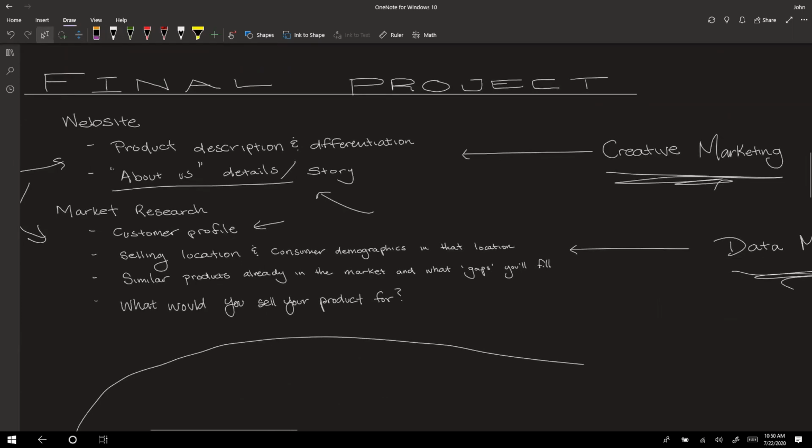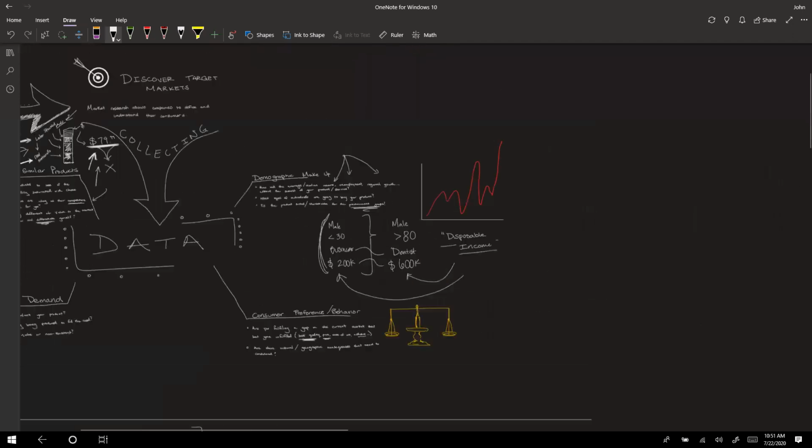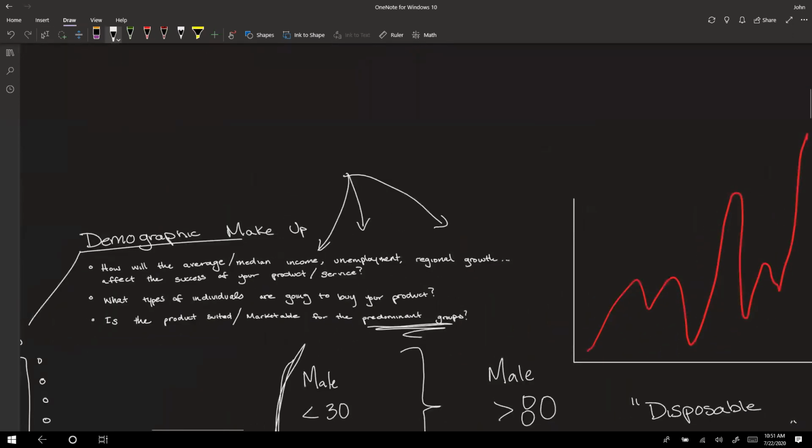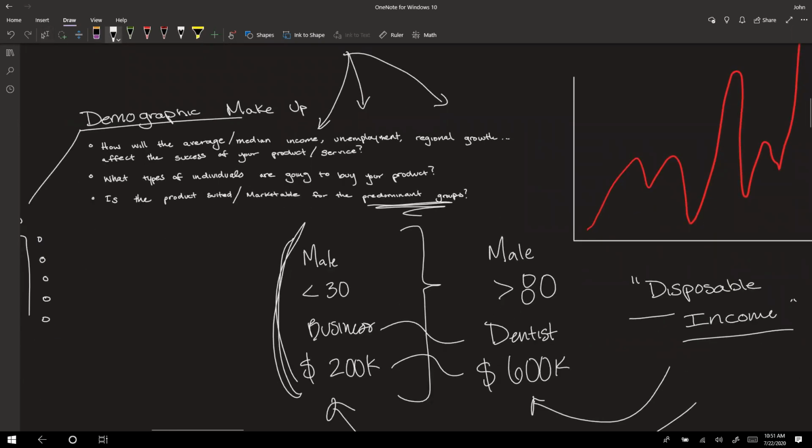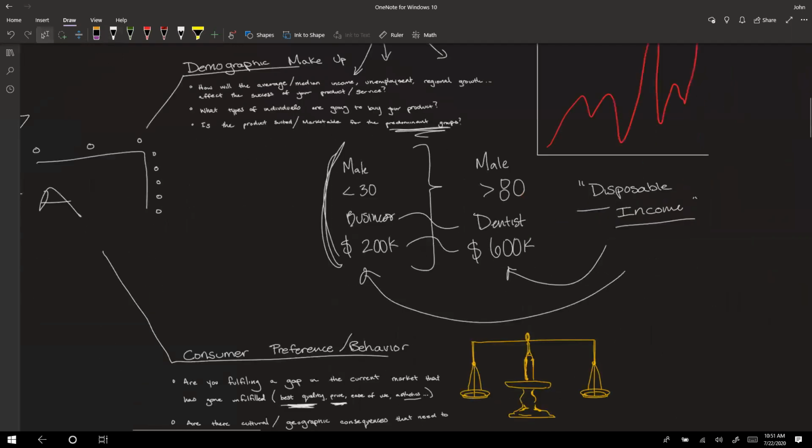So create a customer profile, decide where you're going to sell, and your consumer demographics in that location, right? So going back to this, the average or median income, the unemployment rates, the regional growth, the housing costs, things like that. The age makeup, the dominant job function of that region, right?